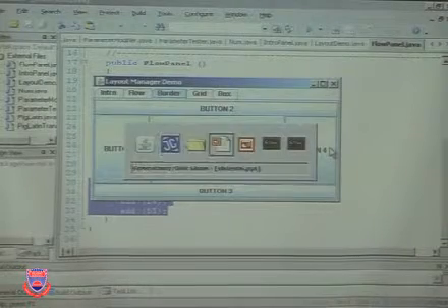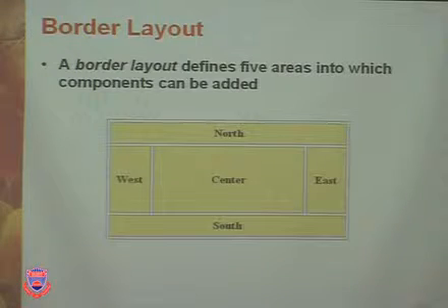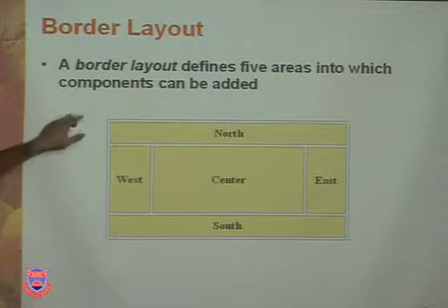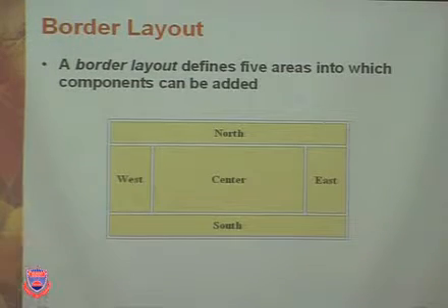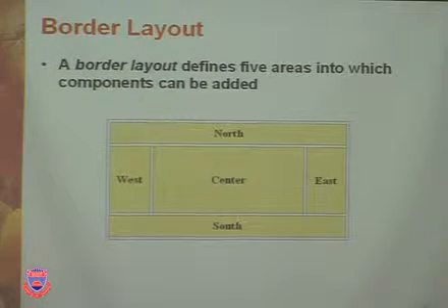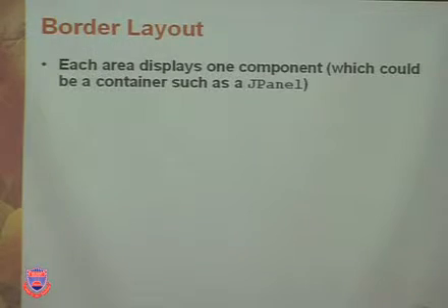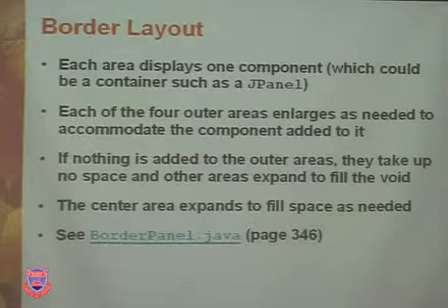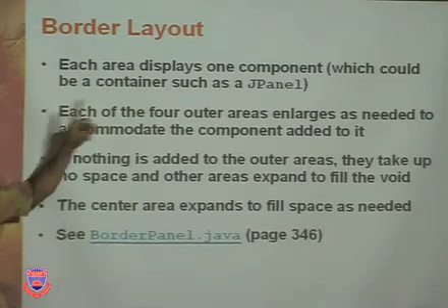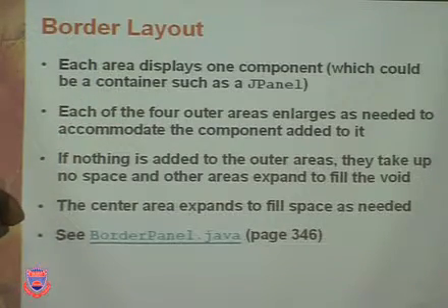So let's go into the border layout. A border layout defines 5 areas into which components can be added, as I have said before. North, south, center, west, and east. You can add the things into those places. Each area displays one component, so you can only have one component displayed in each area.